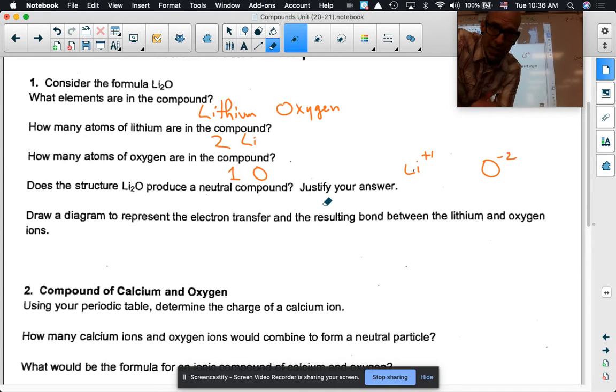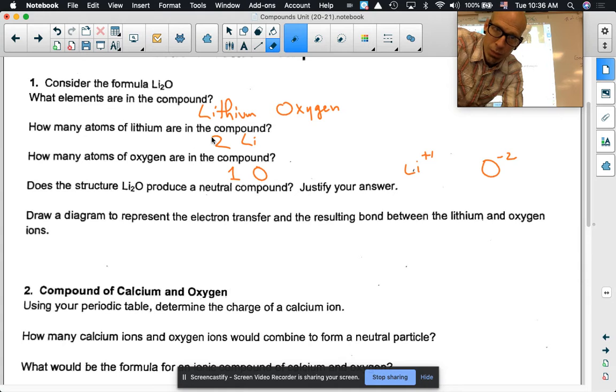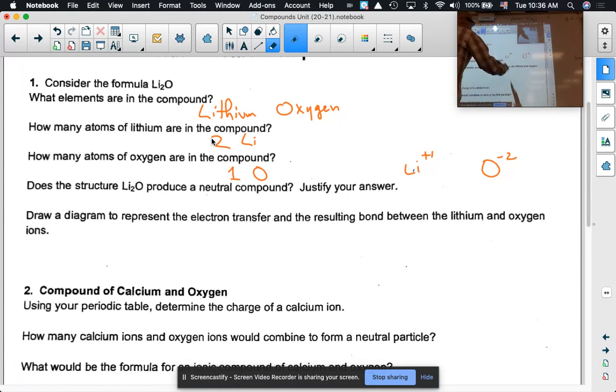So the question is, can this right here produce a neutral compound? Neutral. What do we mean by neutral? Well, we mean the charge is balanced. So we have a +1 and a -2. Can those make a balanced neutral compound? Well, you have to remember, how many lithiums did you say were in this compound? 2, which means there's actually 2 of the +1 lithiums.